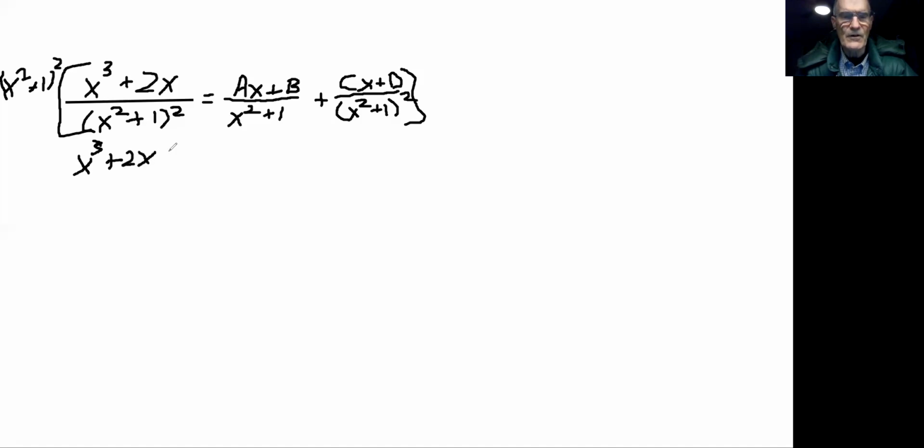For my first term, one of the squares cancels, so I have ax plus b times the other x squared plus 1, because I have a square over here and I only have one here. And then the second one, plus cx plus d.